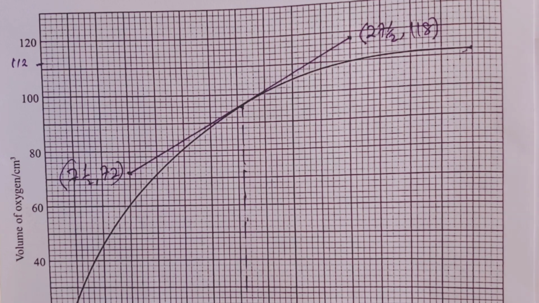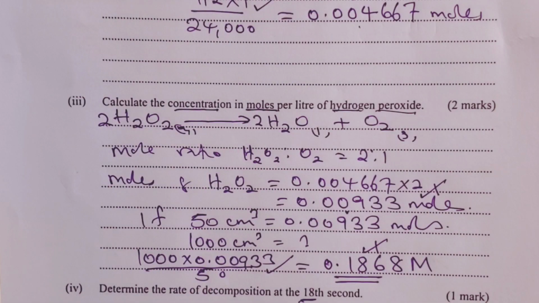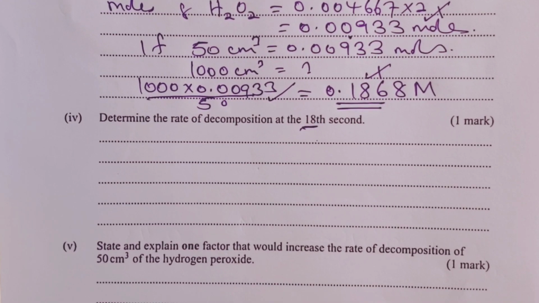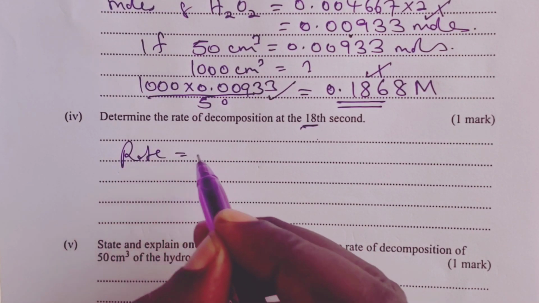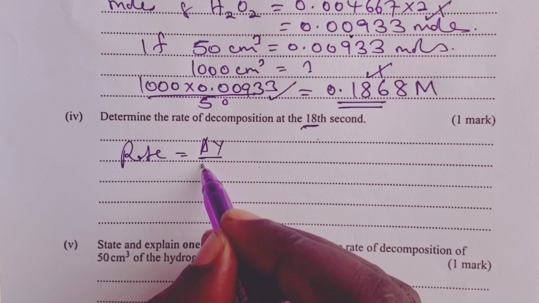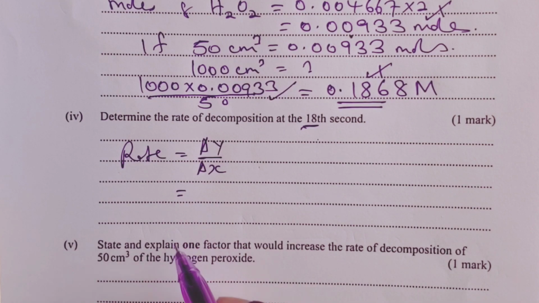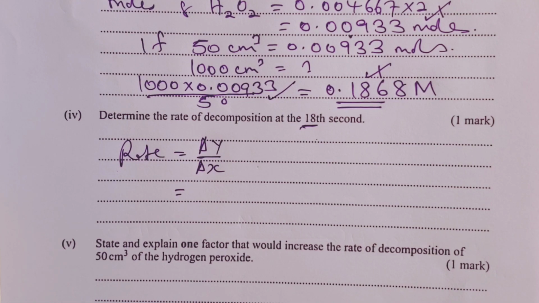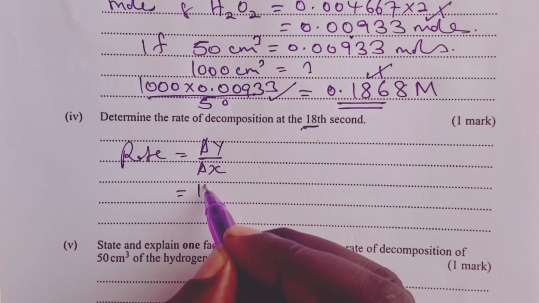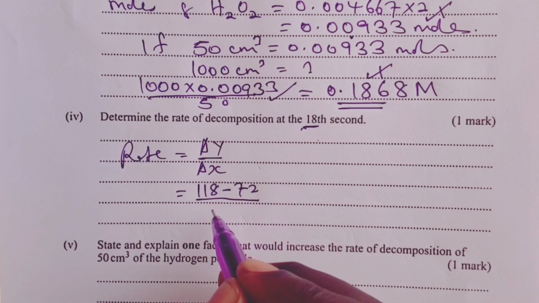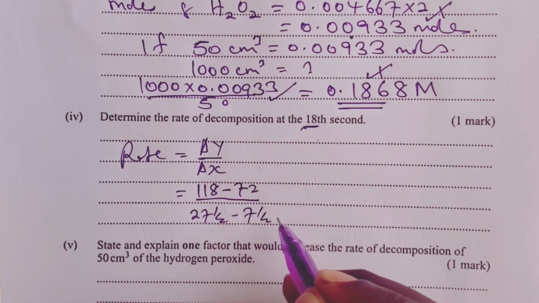And therefore, to answer our question, we would write that rate is given by change in y over change in x. According to the way I've drawn my tangent, the change in y would be 118 minus 72, and change in x would be 27 and a half minus 7 and a half.